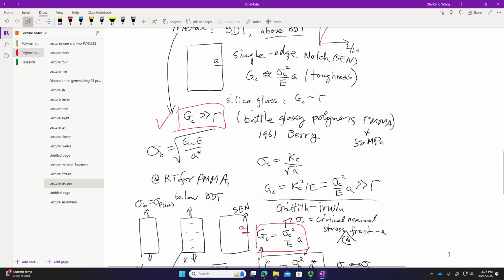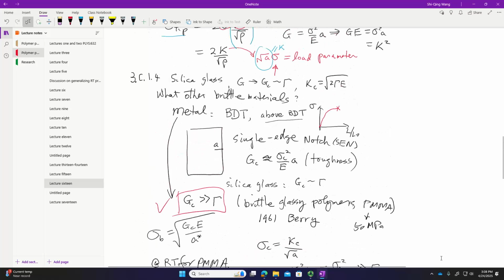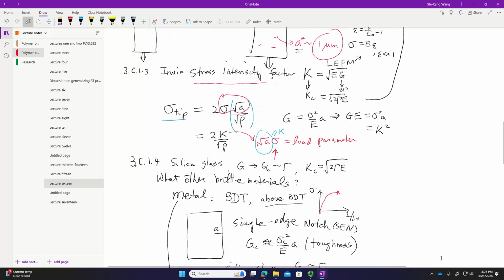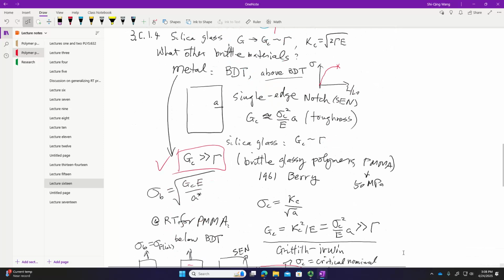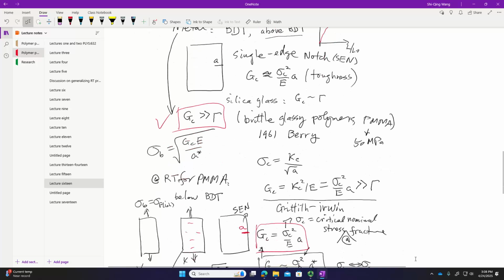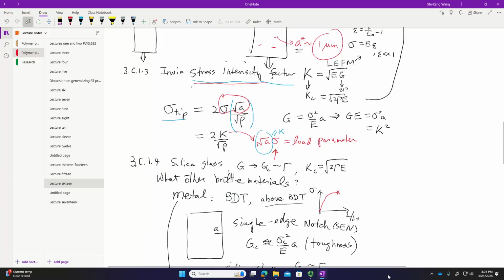notice what I did. Last time we introduced the concept of the so-called stress intensification factor. It is simply, in our language, defined as a load parameter.